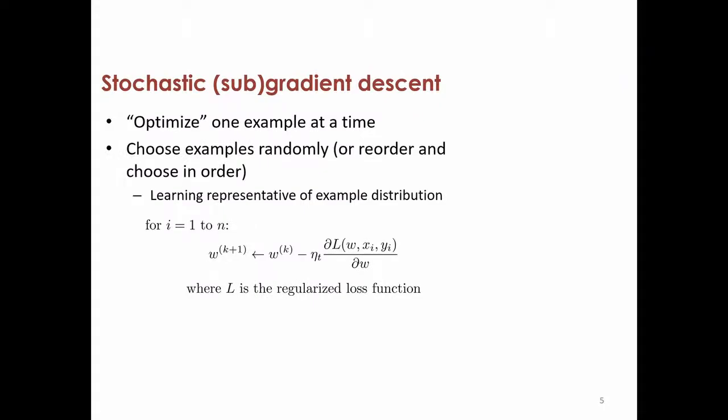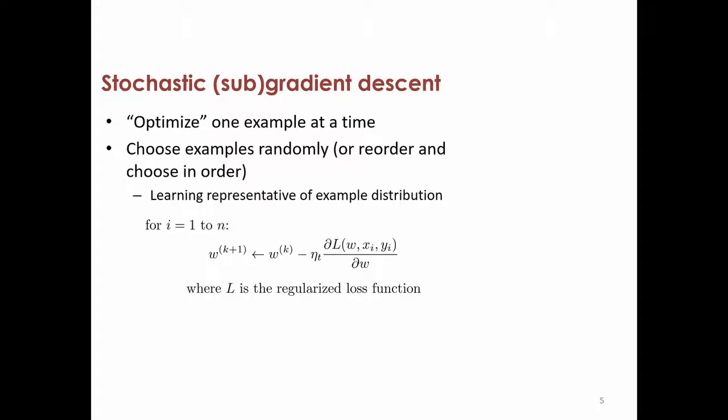So how can you optimize this? What Leon Bottou suggested is that since your optimization problem is anyway a stochastic optimization problem, you use stochastic subgradient descent instead of standard subgradient descent.